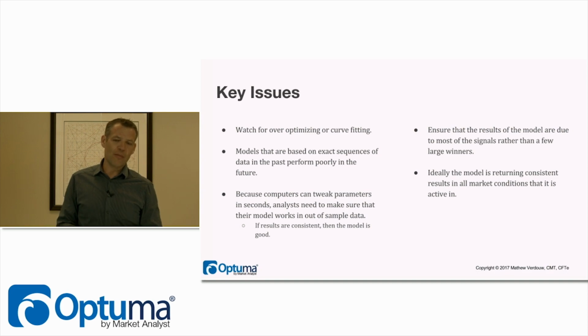You really want a model where it's small incremental gains, day after day, coming from the signals in the analysis that you're creating. Ideally, the model is returning consistent results in all market conditions that it's active in.